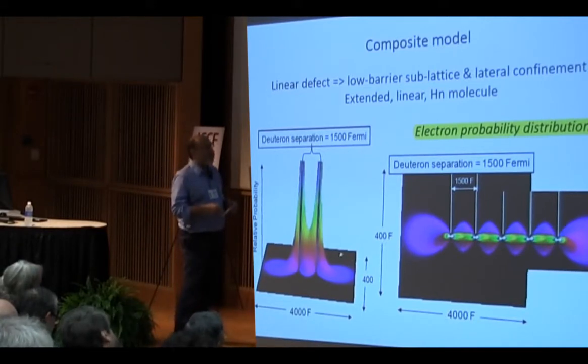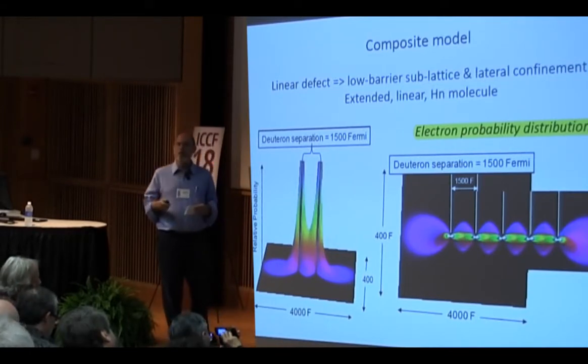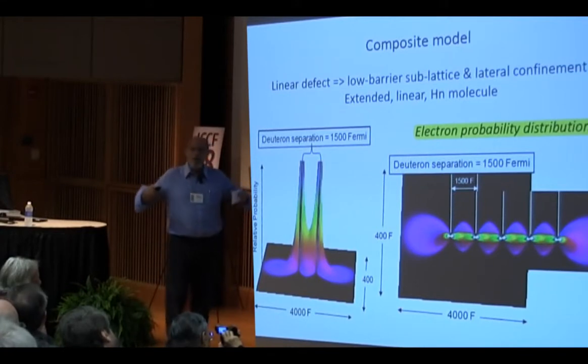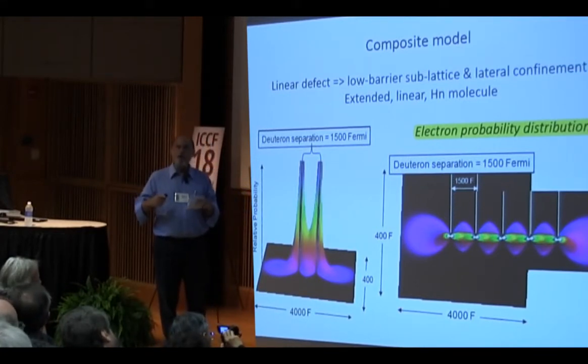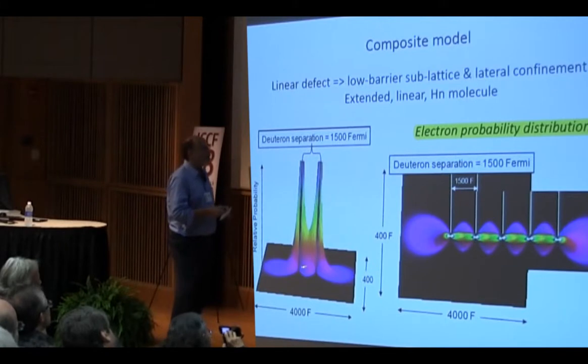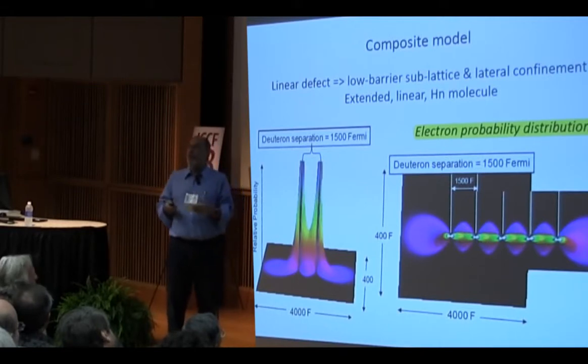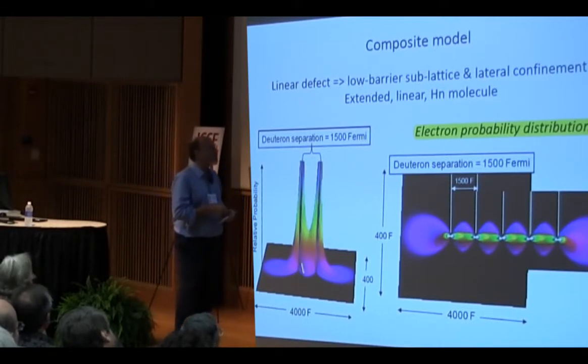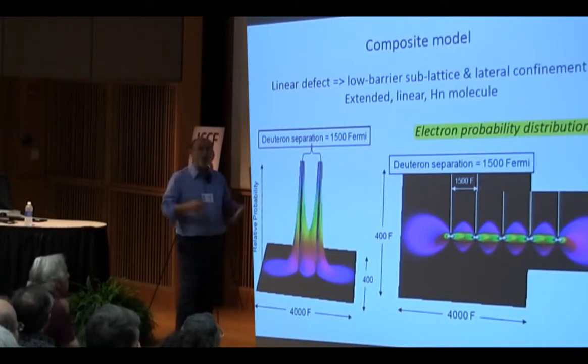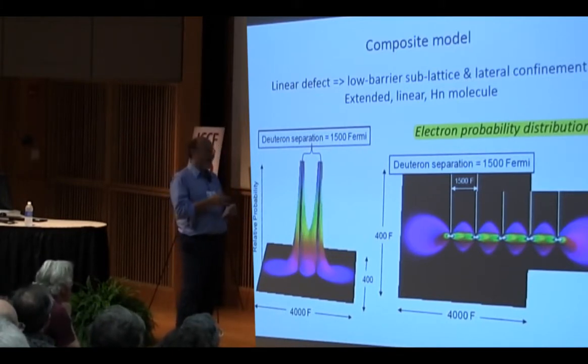The dimensions here are already beginning to shrink into a one-dimensional configuration, simply because you're bringing the protons together. The electrons are being focused in, and as they're being focused in, they spend more time between. Again, Ed's comment was, you have to have an electron in between. How do you do it? Well, here we're actually seeing why you have an electron spending more time in between. This allows things to shrink dramatically.